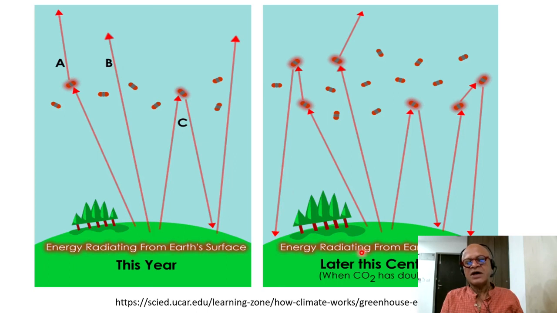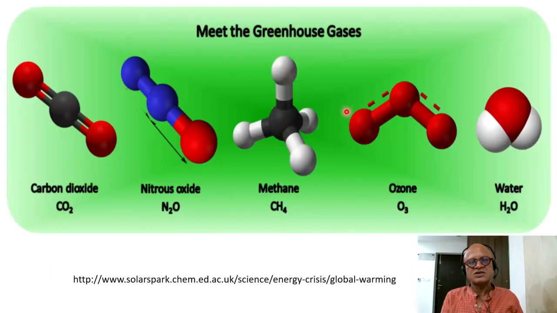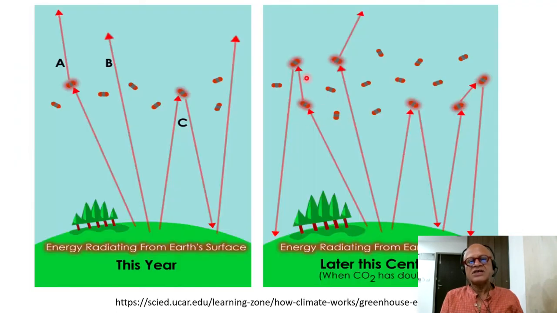But with time we are increasing the greenhouse gases, so the likelihood of energy escaping to space is decreasing. So you can see there is more energy going out here than here, because increases in greenhouse gases, which are these, allow the outgoing energy to be absorbed and sent back to surface and to be trapped in the atmosphere.